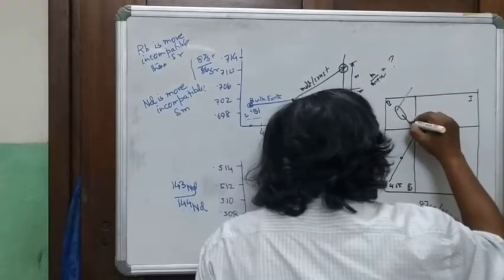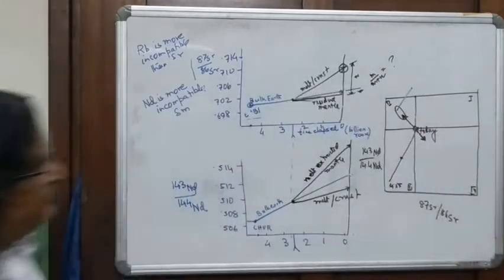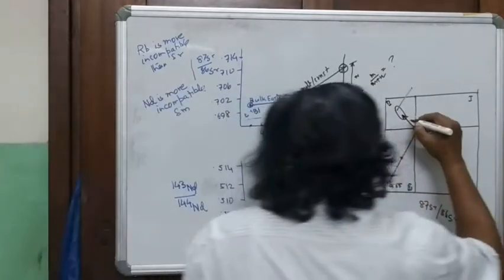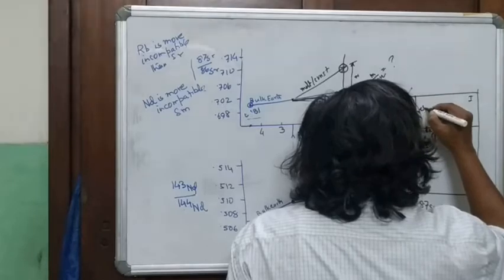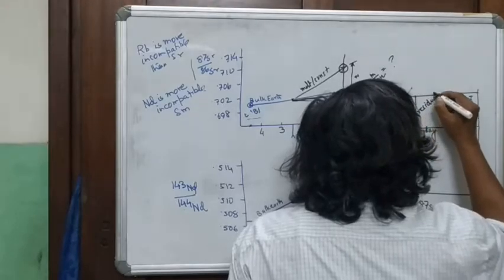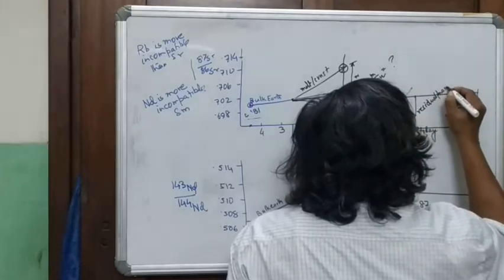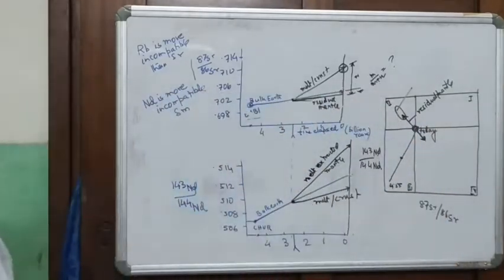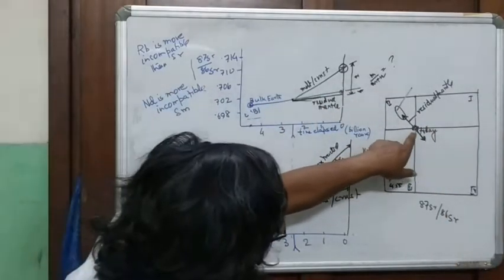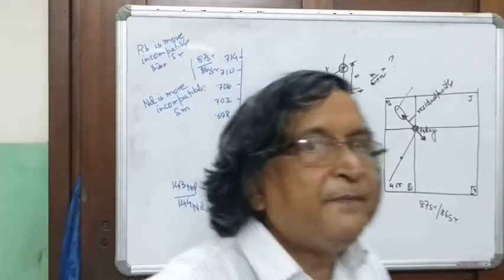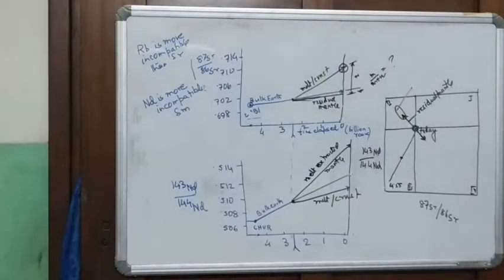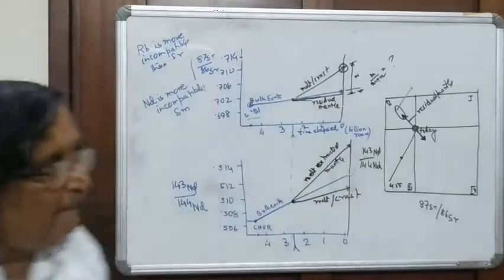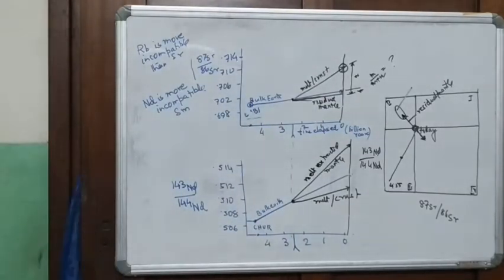So the movement should be here. So this is the trajectory of residual mantle. And this composition would represent the bulk Earth composition. The bulk Earth composition.